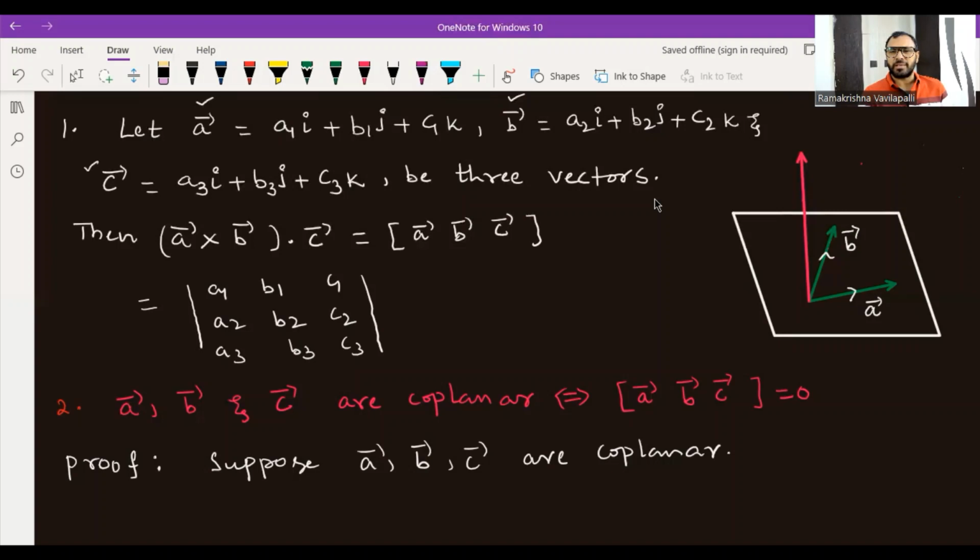So here I am taking another vector, this is the C bar vector. Remember, in fact, they need not meet, but by moving those vectors, we can make them meet at a point. So here you see, this vector is perpendicular to A bar and B bar. So this is A bar cross B bar.